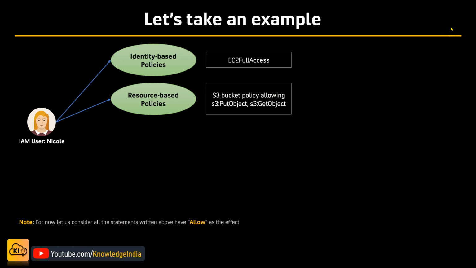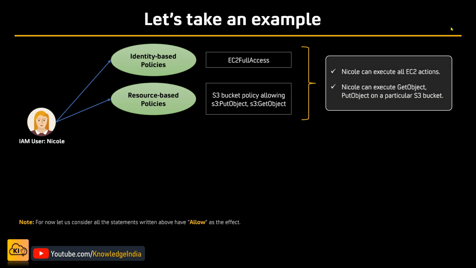Because of these two things, if you try to imagine what type of actions user Nicole can do: Nicole would be able to execute all the EC2 actions because of the identity-based policy, right? And Nicole would also be able to do certain actions on S3. What are those actions? Get object and put object.